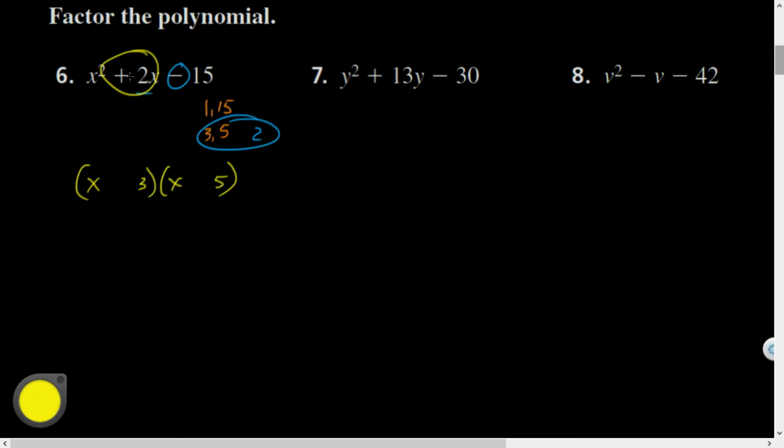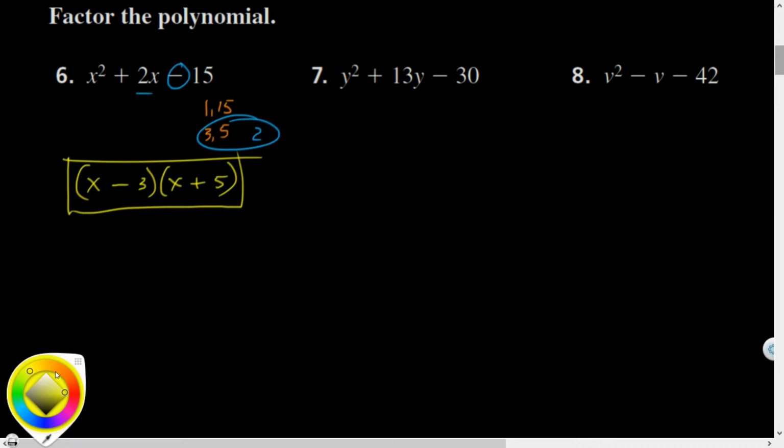They had to add to a positive, so the more influential one must have been the positive one. If I check that, it still would multiply to be negative 15 and add to be positive 2. Monitoring progress, question 6. So here we go: x minus 3 and x plus 5.